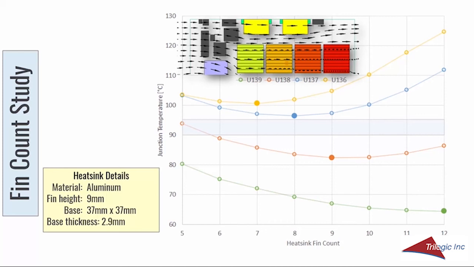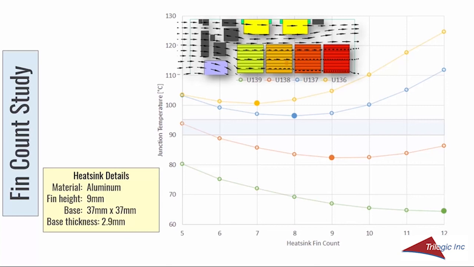The strategy for achieving operating temperatures within the design band was to allow each heatsink to have different fin heights, and I chose the number of fins to be 10. The thinking behind that was it's in the range that allowed the leading component, U-139, to have shorter fins than if I had gone with fewer fins.